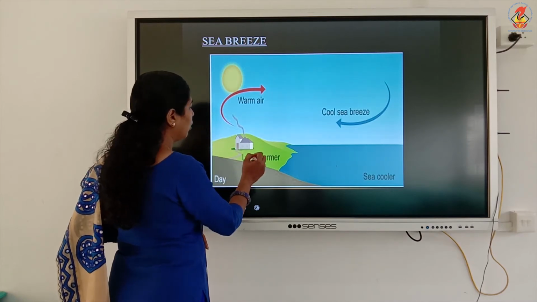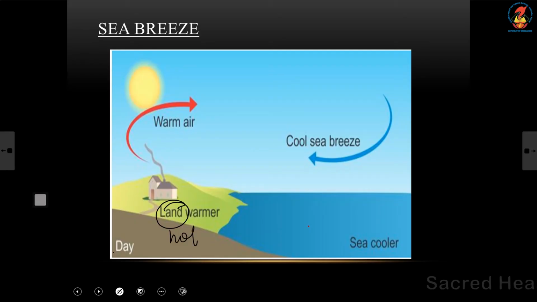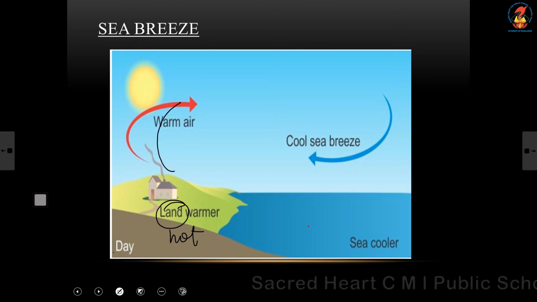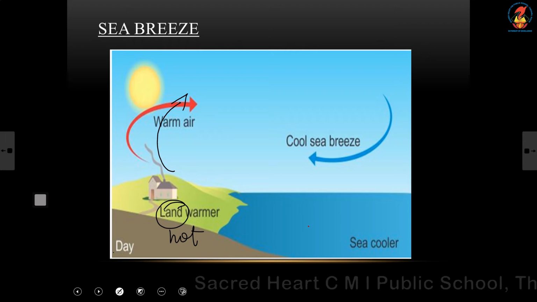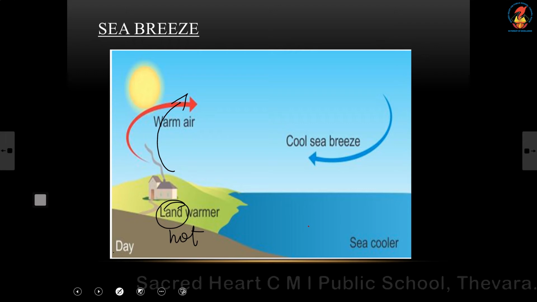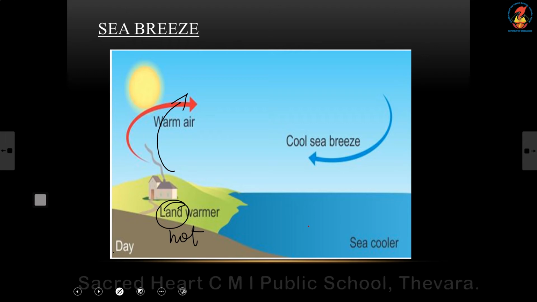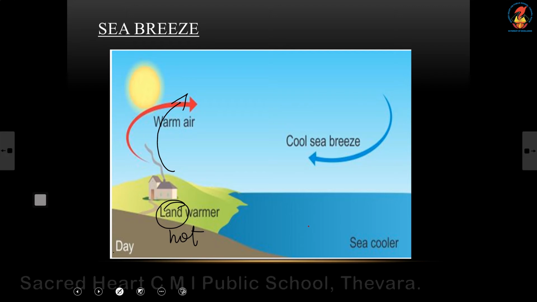Land will be more hot than sea. So what will happen? Hot air is lighter and it will move in the upward direction. So what will happen?